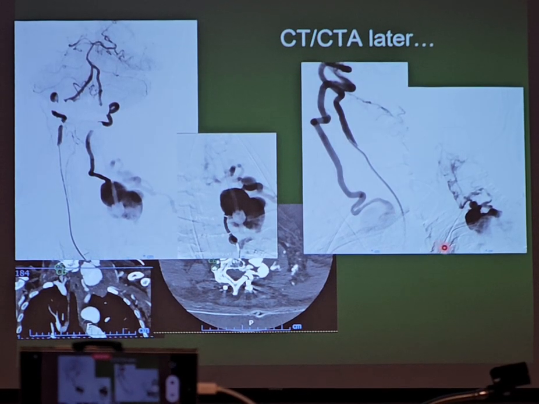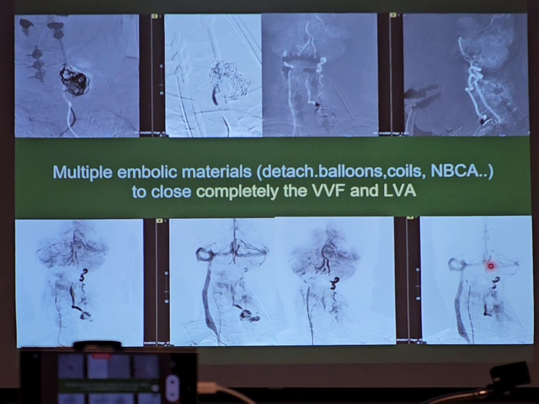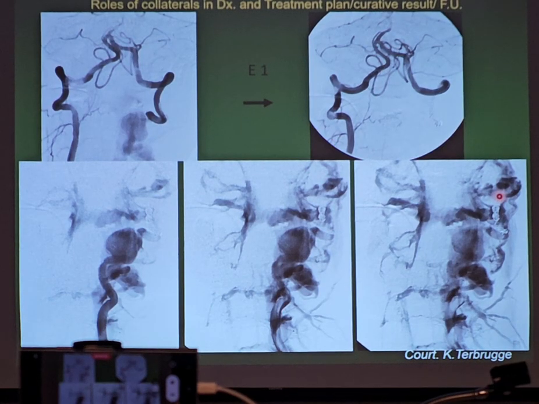Now you know all the way of the upper and lower aspect. So I can tell you that we put a lot of things expecting to preserve. Finally, we were able to close up the fistula, but most of the time we were not able to keep the vertebral artery open.